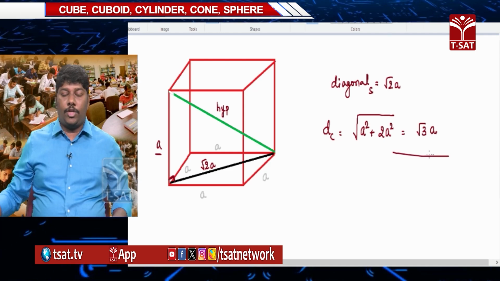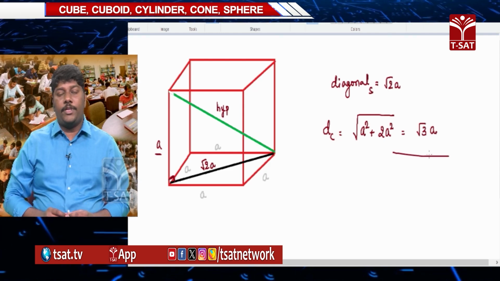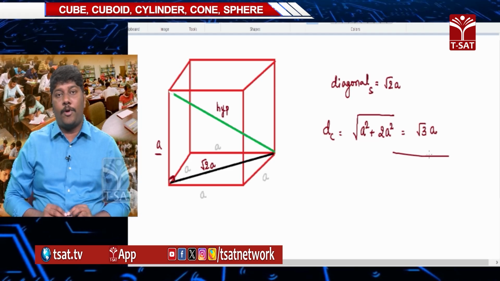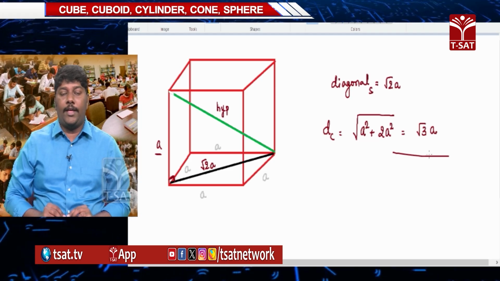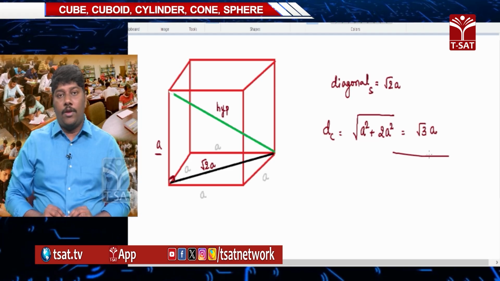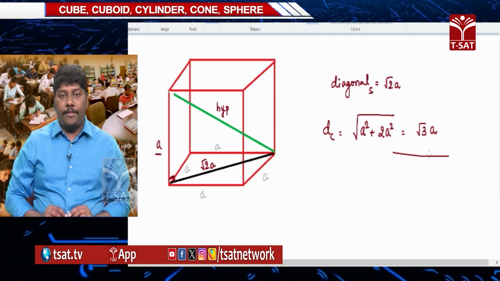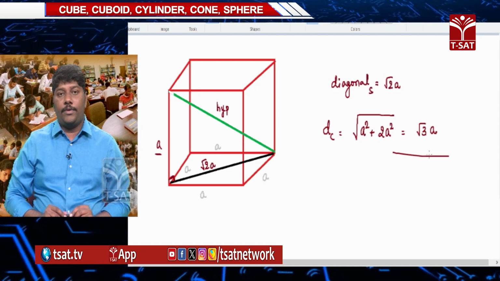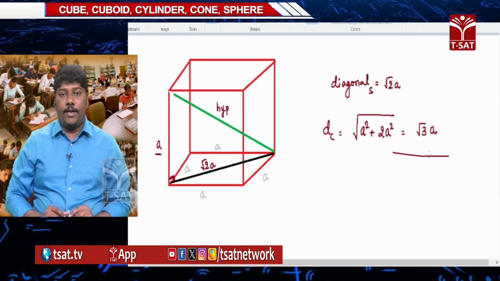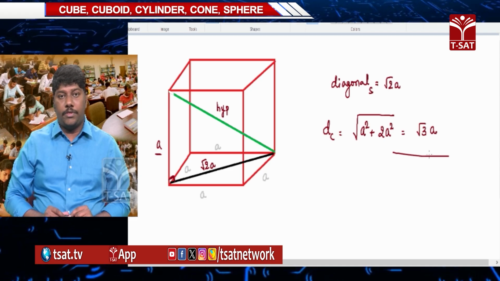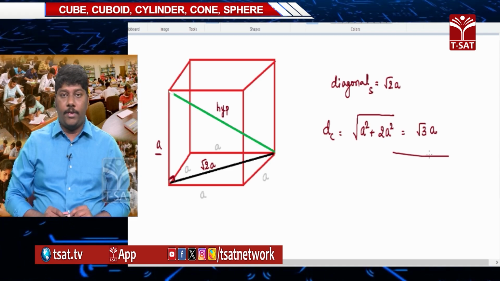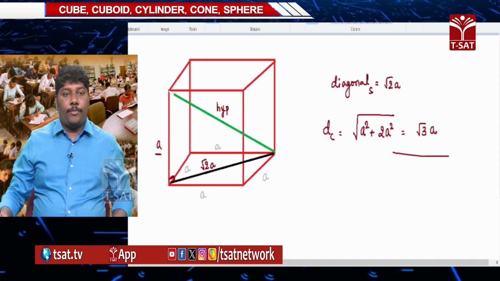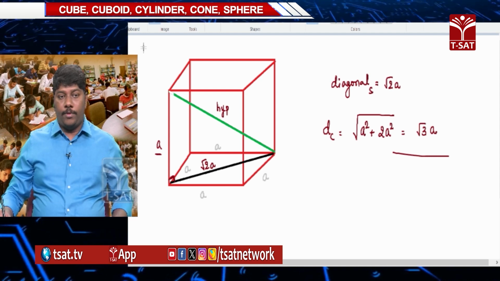It is the diagonal of the cube, and the largest length possible inside a cube. If they ask what is the length of the rod which can be put in a cube of side a, the length of a rod which can be inserted in the cube of side a is root 3 times a. So, these are the very important formulas related to a cube.